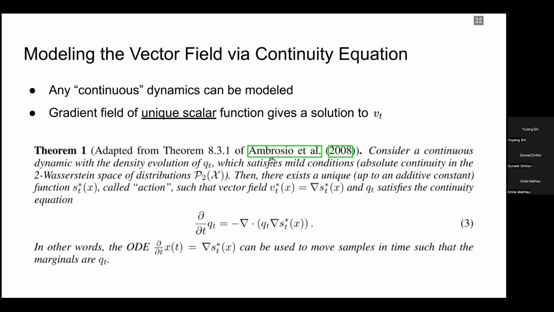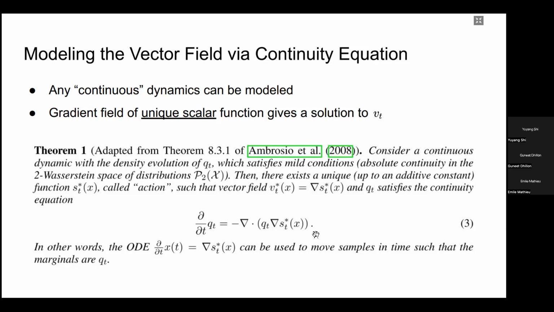And so these authors cited a theorem that says under the absolute continuity assumptions, any continuous dynamics, as in the absolute continuity definition, can be modeled, and that the vector field we learn, this V, is the gradient field of a unique scalar function S, and that gives one of the solutions to the vector fields that solves the continuity equation.